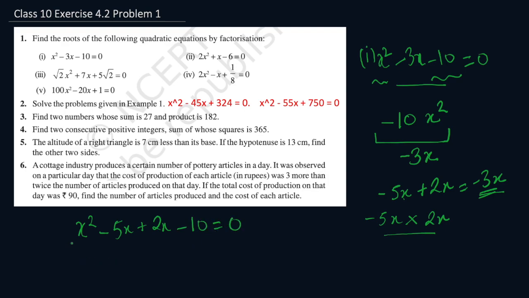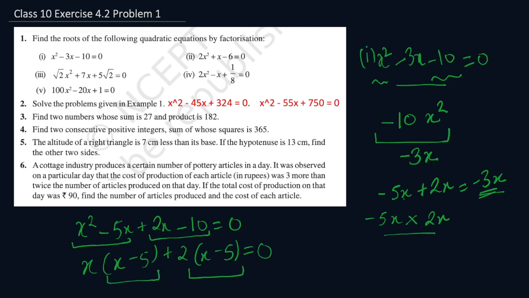Now we can take x common from this and 2 common from this. So this will be x minus 5 plus 2 times x minus 5 equals to 0. Now you can take x minus 5 common. So we have here x minus 5 times x plus 2 equals to 0.